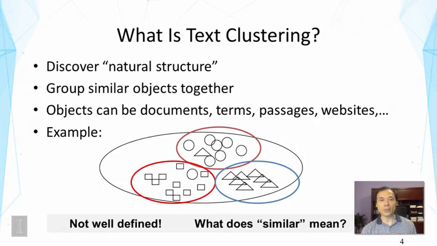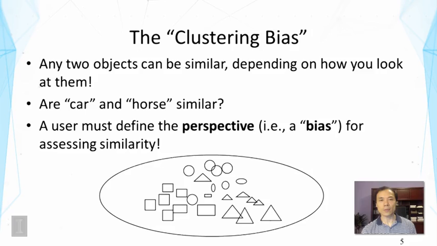But the main point here is the problem is actually not so well defined. And the problem lies in how to define similarity. What do you mean by similar objects?